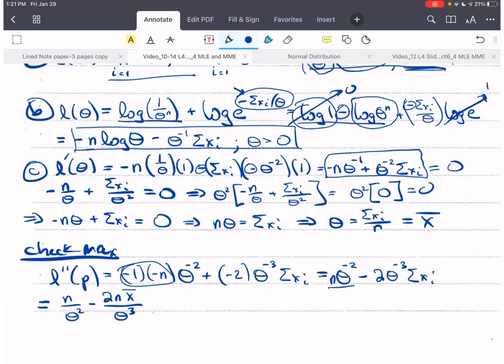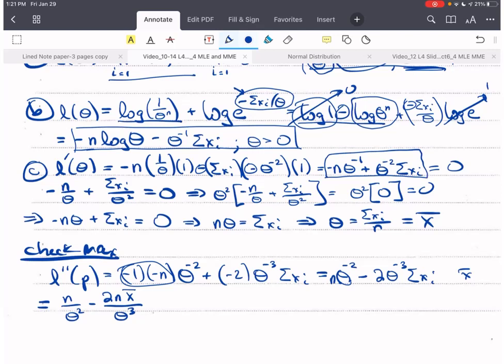So I multiplied and divided by n here. n over n, sum of xi equals n times sum of xi over n, which is x bar. That's the little trick I'm using, and that'll make it easier. If I put this in terms of x bar whenever I can, it'll make it easier when I plug in.